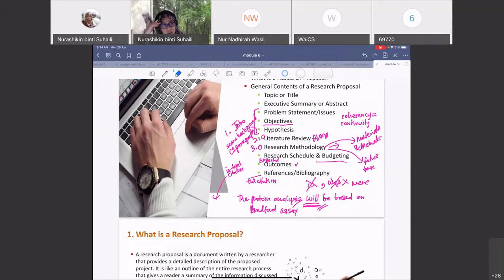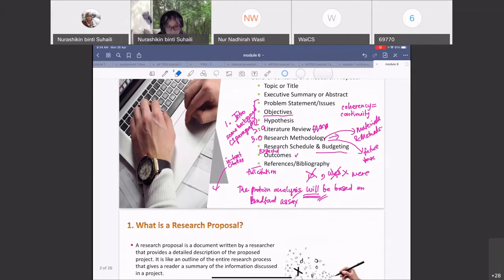I guess the intro is, not sure about it, 15%, but references is 10 marks. So you can easily get that 10 marks if you don't make any mistakes, like you list it down and then you write it according to the correct format, okay, the references. So make sure you don't make mistakes in the references.